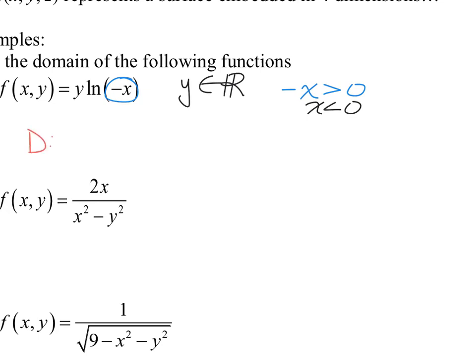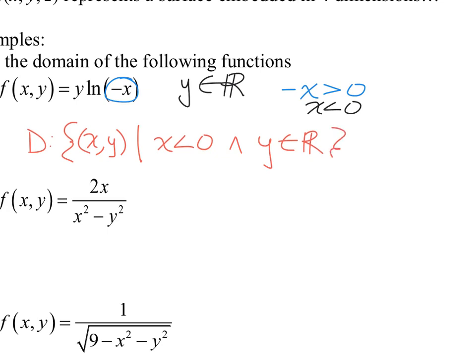We say the domain is x and y such that x is less than 0 and y belongs to the set of all real numbers. Interval notation or set builder notation are fine, but generally, you can make the choice on your own.